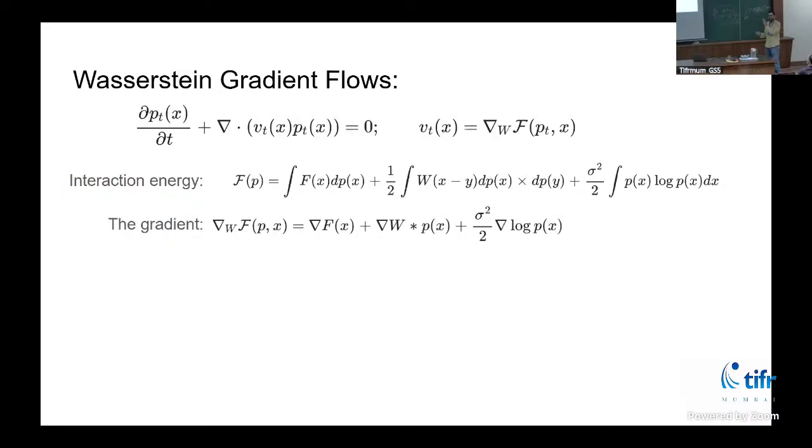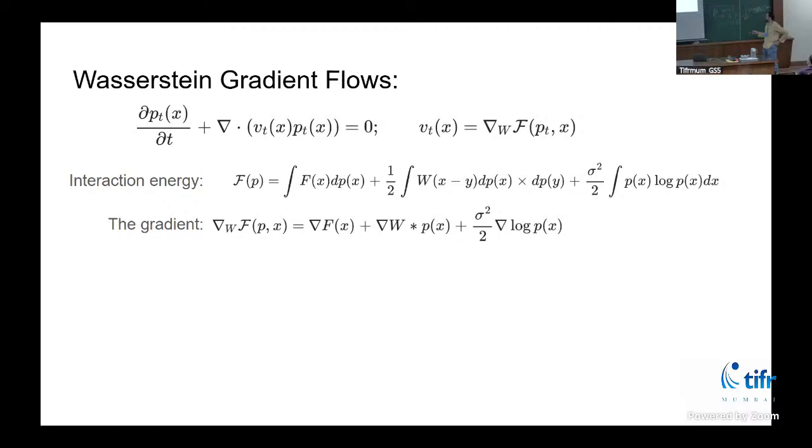We think of it as a repulsion in the sense that if they get too close, the energy becomes large. So it repels two particles from the same distribution. This is repulsion, and then there is this entropy term which adds entropy. It prevents things from becoming Dirac deltas. It makes sure it has a smooth density.